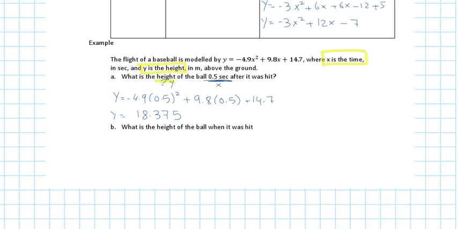And then it's a word problem, so what do I have to do? Therefore, the height of the ball 0.5 seconds after it was hit is 18.375 meters.